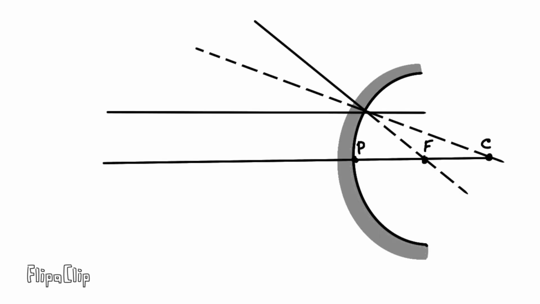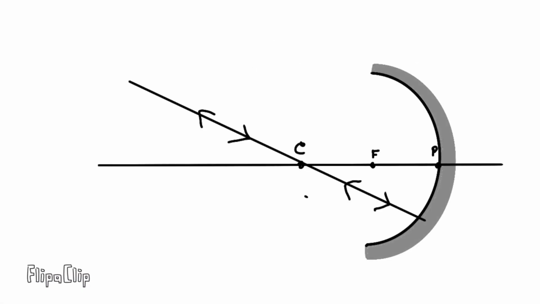In case of a convex mirror also, a ray directed towards the principal focus after reflection will emerge parallel to the principal axis. In the next rule, a ray passing through the center of curvature of a concave mirror after reflection is reflected back along the same path because the incident rays fall on the mirror along the normal to the reflecting surface.